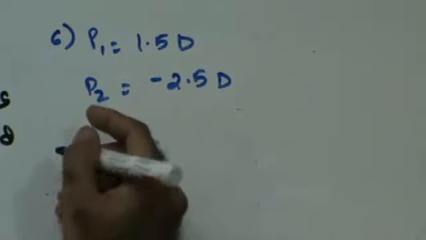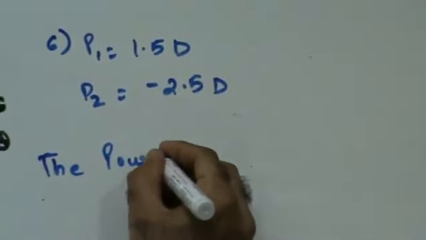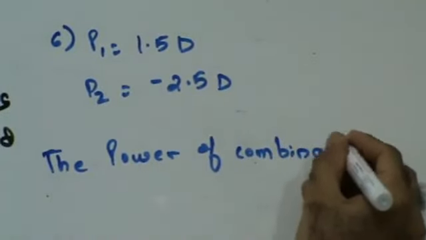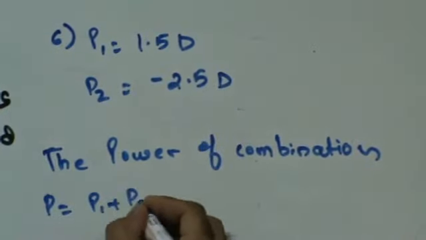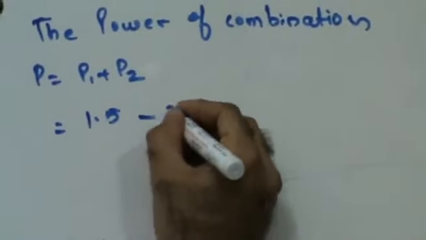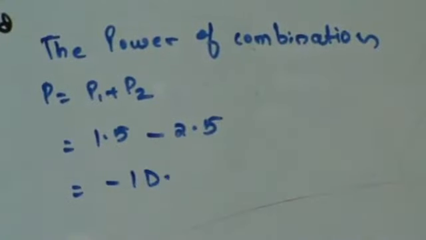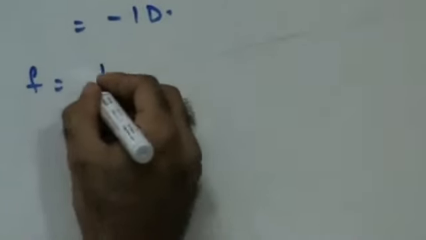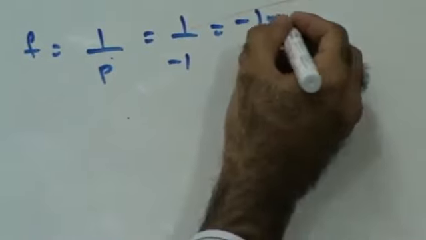Right? They've given you two lenses. I can say that the power of the combination, P, is going to be nothing but P1 plus P2, which is 1.5 minus 2.5, so that is going to be minus 1 diopter, right? If this is the power of the lens, we know that focal length is 1 upon power, 1 upon minus 1, which is minus 1 meter.